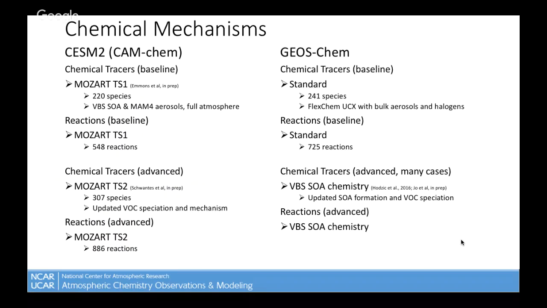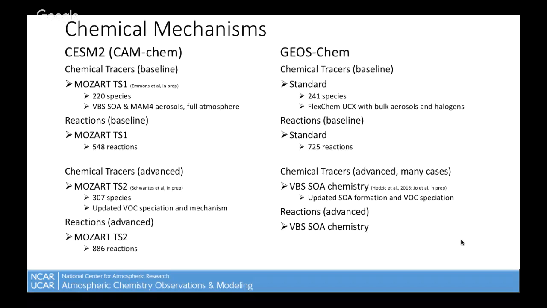In terms of chemical mechanisms, the current mechanisms are actually fairly comparable. The MOZART TS1 mechanism has around 220 species and 548 reactions, whereas the standard GEOS-Chem chemical mechanism has around 241 species with 725 reactions. In addition, we both have more advanced chemical mechanisms.